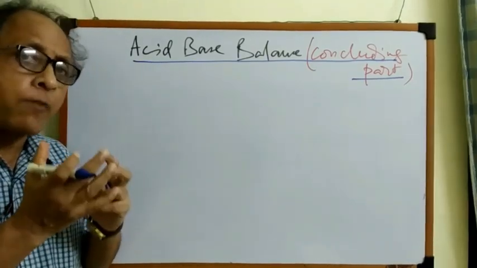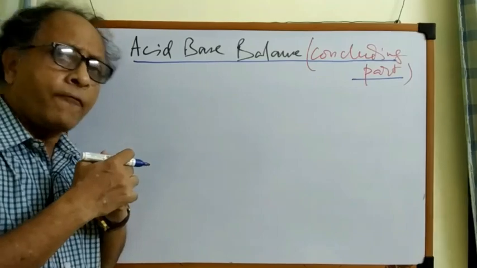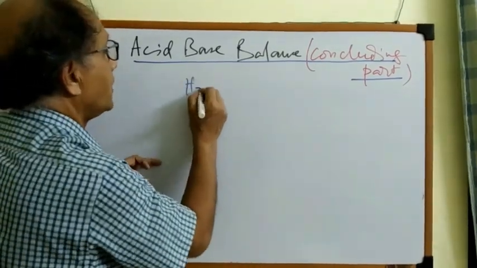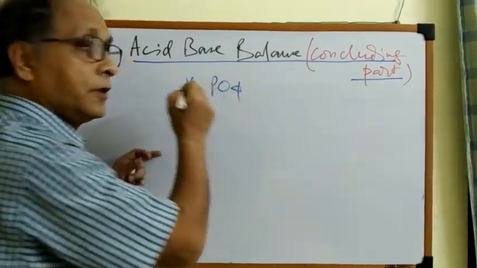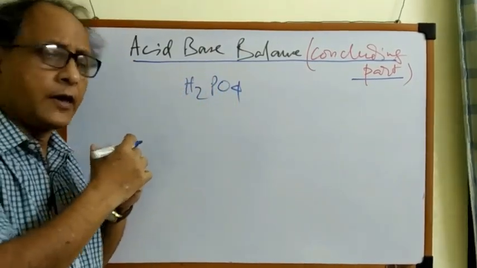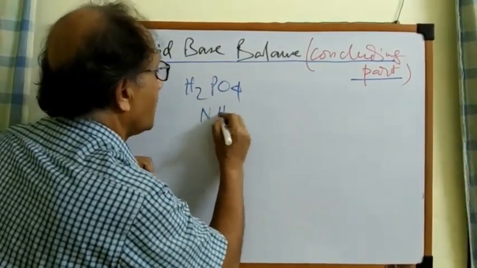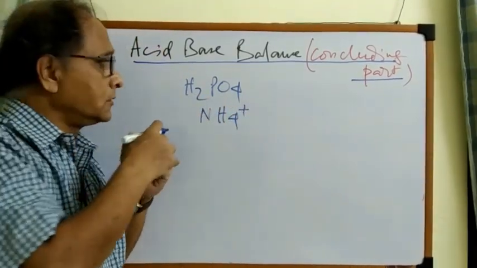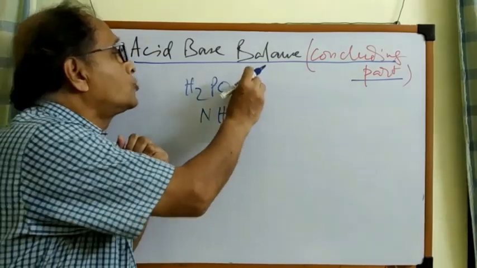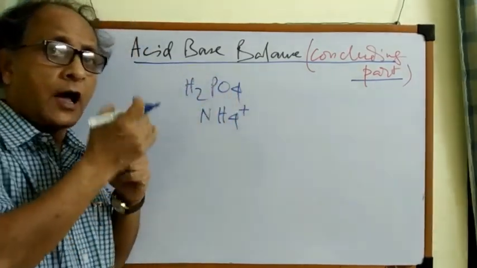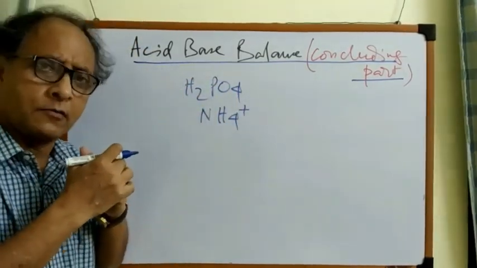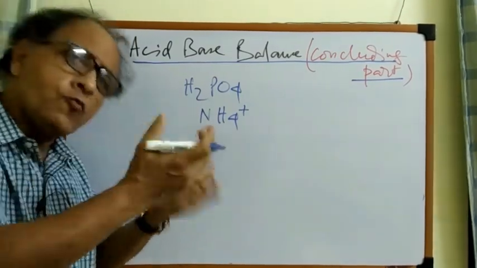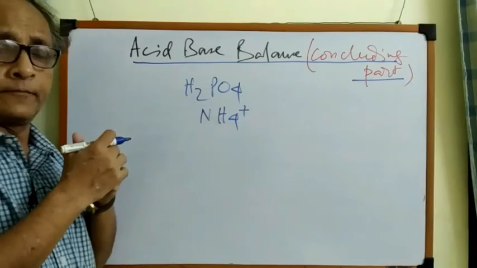While buffering the hydrogen ion, the phosphate buffer is converted into H2PO4, and NH3 is converted into NH4+. These are the two ways by which the excess H plus ion, secreted in response to generation of new bicarbonate, is handled.